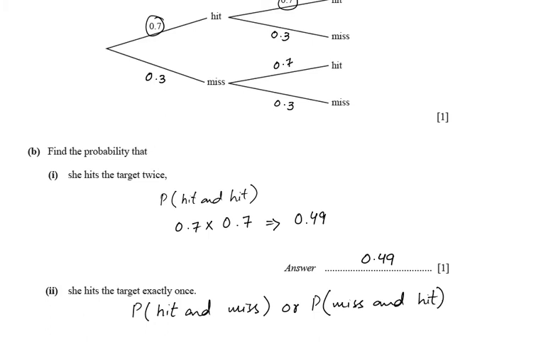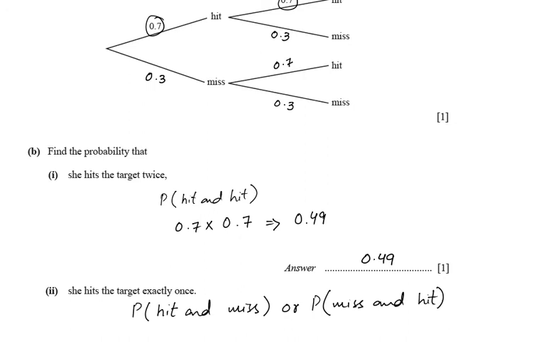As it was given in the question that she will throw the arrow 2 times. Okay, she fires 2 arrows. When she fires 2 arrows, it means that first time maybe it will hit and the second time it will miss, because it will hit exactly once. Okay, so first time it hits, second time it will miss, or the first time miss and the second time hit.